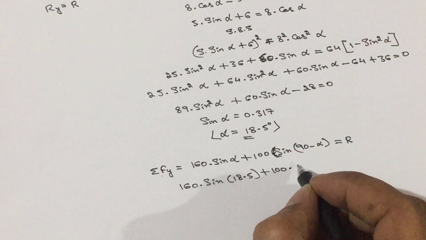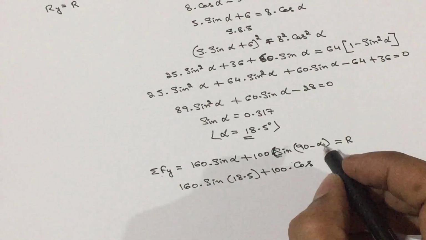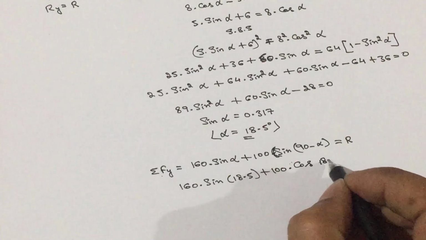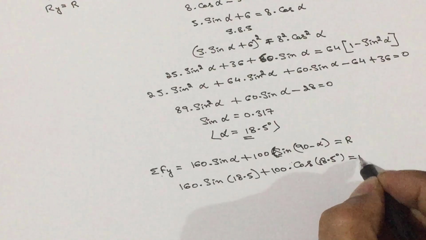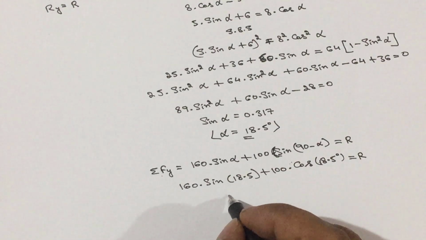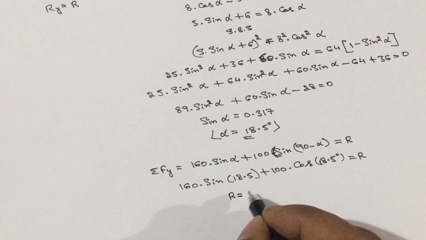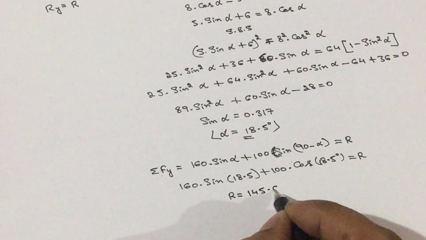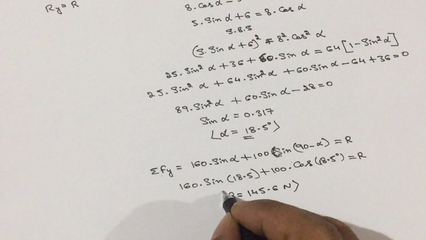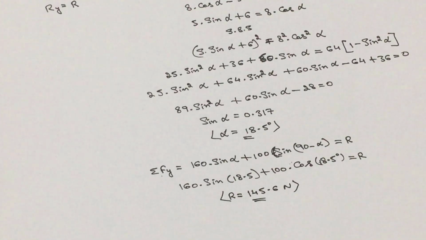Sine of 90 minus alpha is nothing but cos alpha, where alpha is 18.5 degree. So that will be equal to R. If you calculate R, you are going to get it as 145.6 Newton. That's all. Thank you.